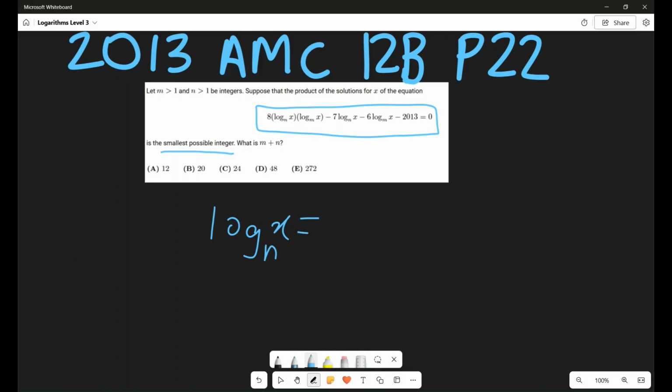We want to convert that to log x over log n.